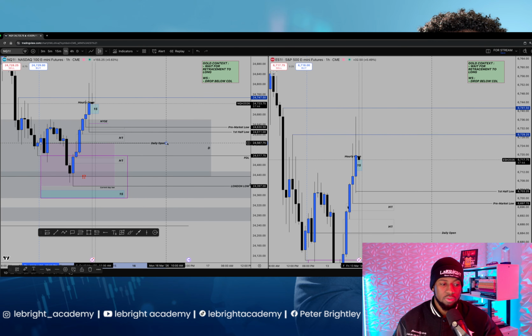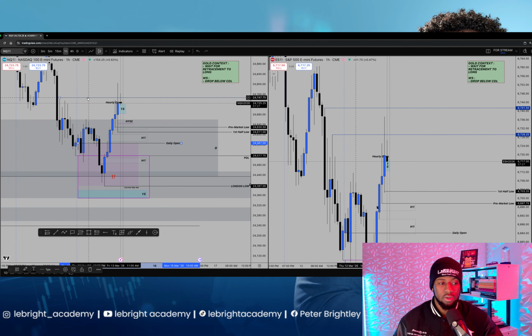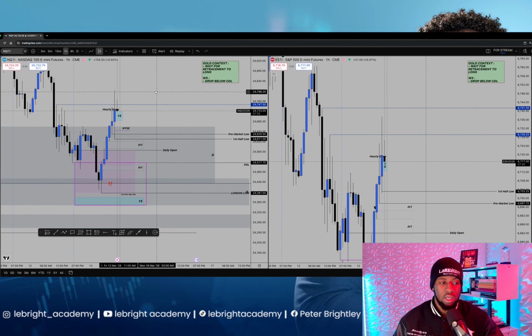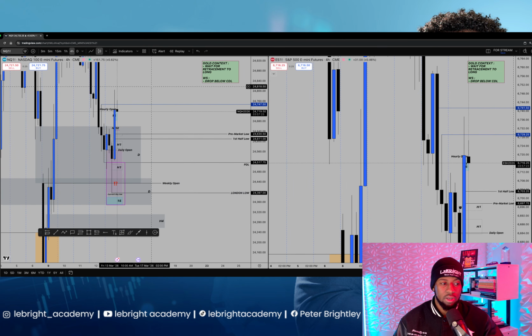I want to see a retracement, and at the same time, I don't want to see price break the daily open and close below it. If we break the daily open in 15 minutes or 1 hour, we'll have to create another narrative and understand what happened.